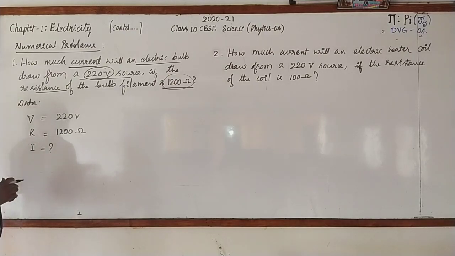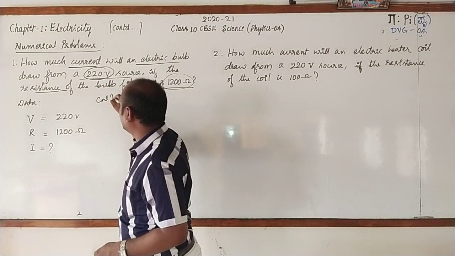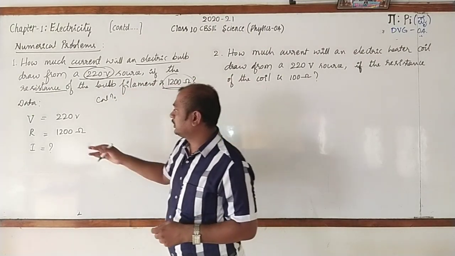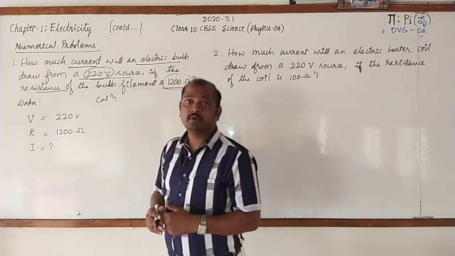I can write R. Now, to find out this I, could you tell which formula can be used? The formula which includes V, R and I. What is that? Very good.